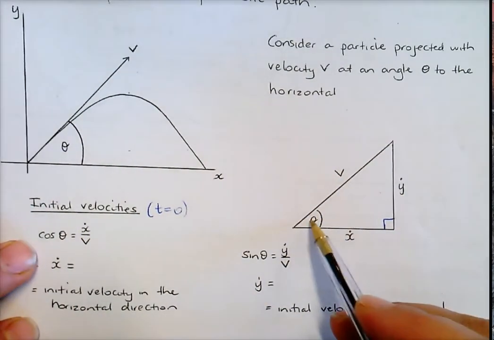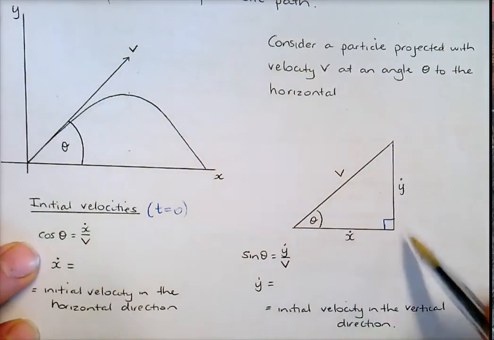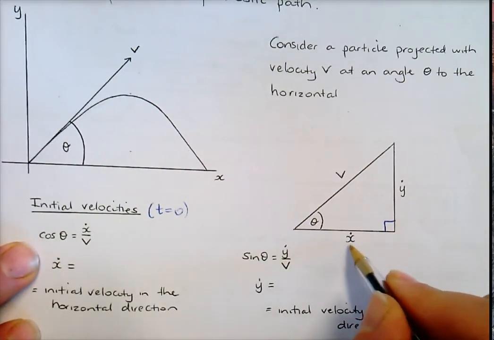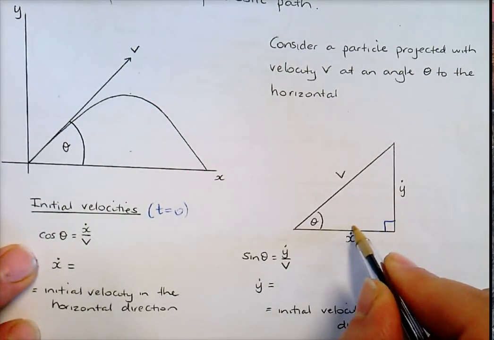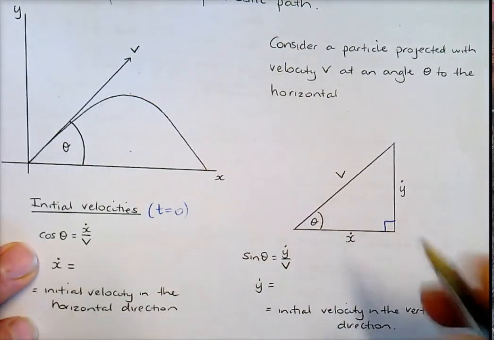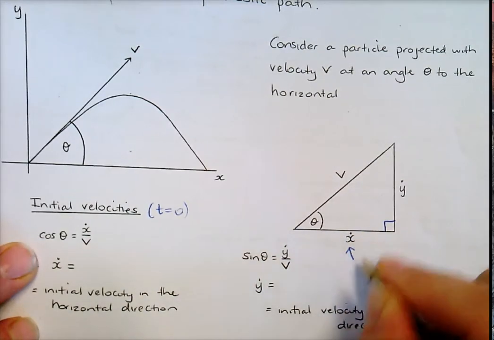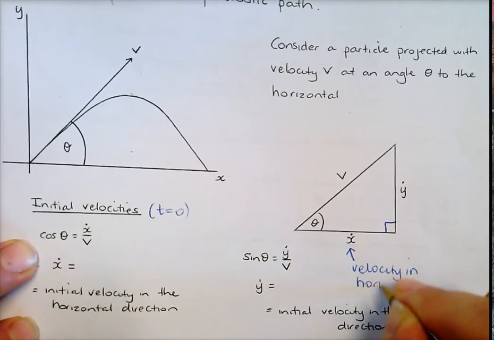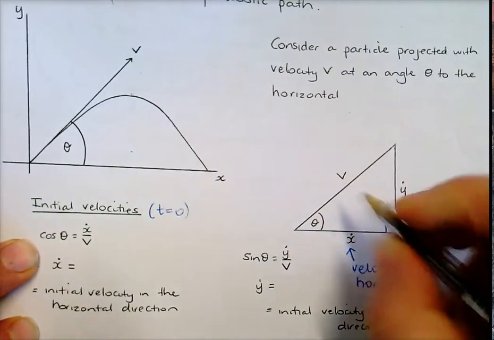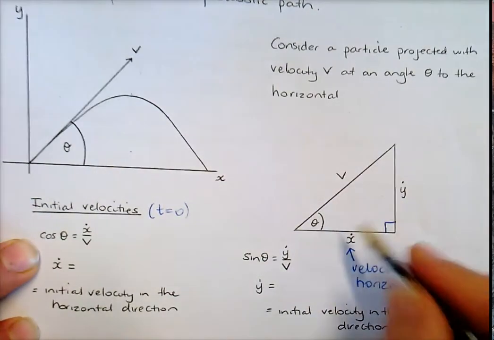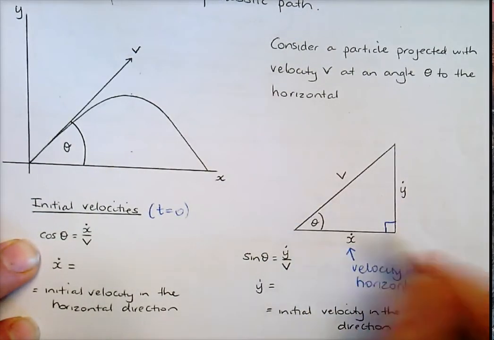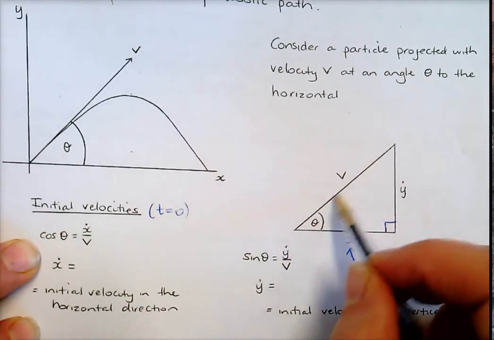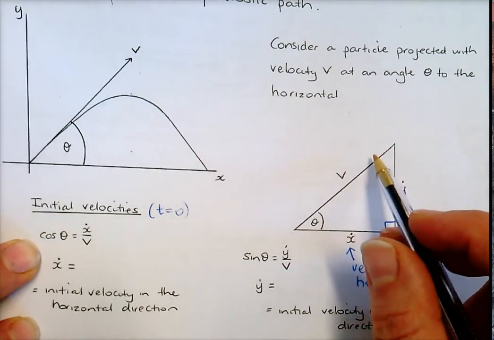So let's look at cos theta. So here's my triangle. So girls, this notation here, x dot means velocity in the horizontal direction. So girls, see how that is on an angle? It's made up of velocity. See the particle, you could say, miss, it's going across and up. Do you agree?